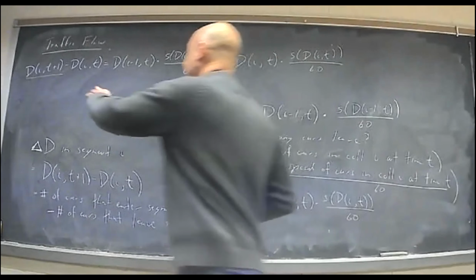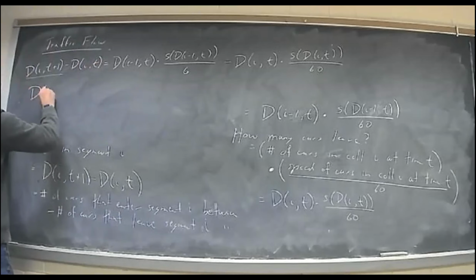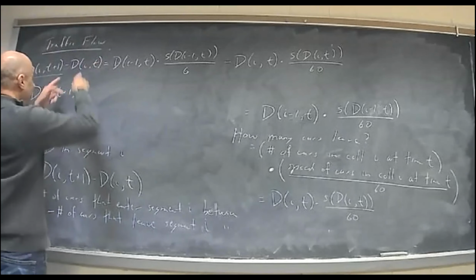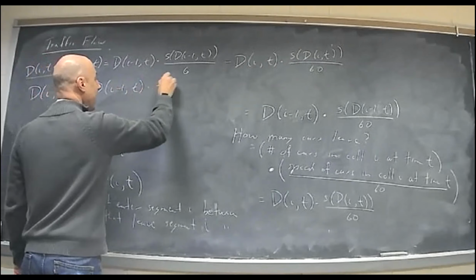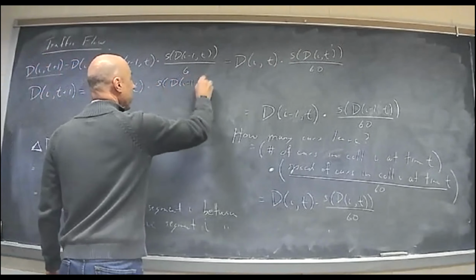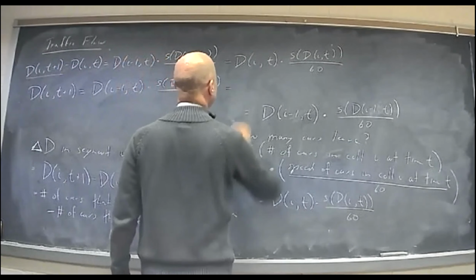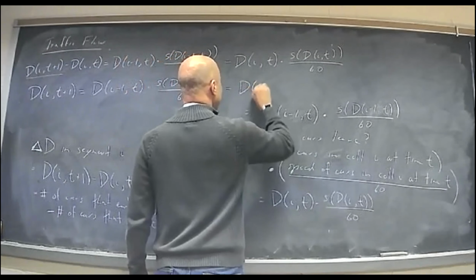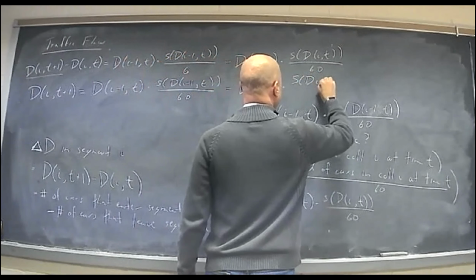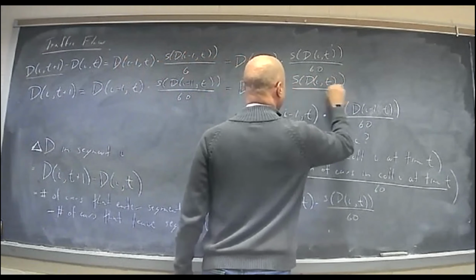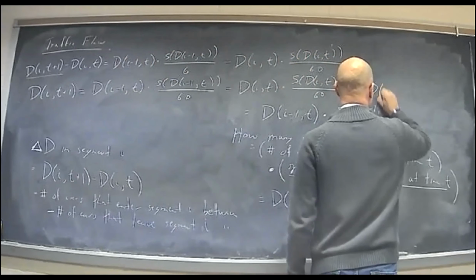So let's keep this on the left-hand side and move everything else to the right-hand side, which really only means moving this one term over. d_i(t+1) equals, I'm just going to add this to both sides, d_(i-1)(t) times S of d_(i-1)(t) over 60, minus d_i(t) times S of d_i(t) over 60, plus, when I add this to both sides, d_i(t).